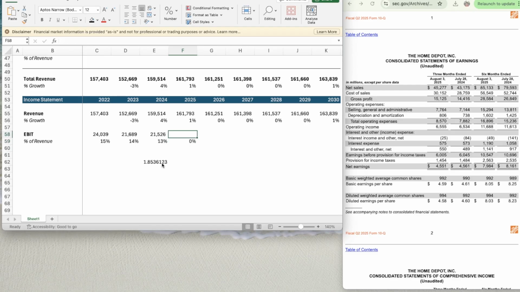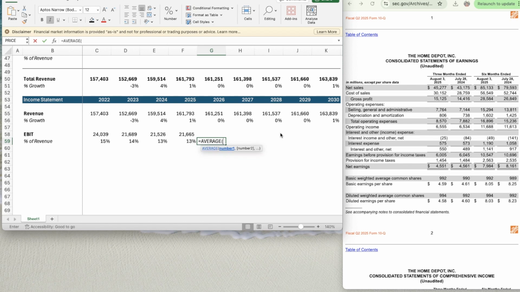So let's take the current year, the first 2 quarters, first half of the year, 11,688 multiplied by 1.8536. Yeah, so the EBIT margin is in the teens.